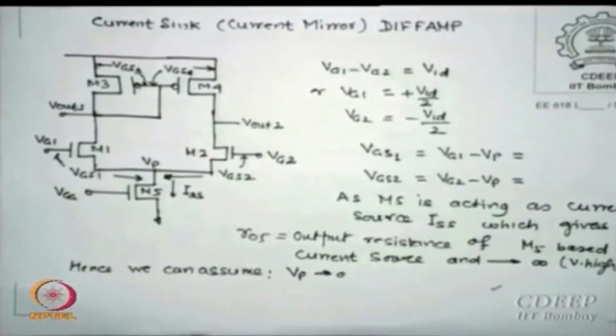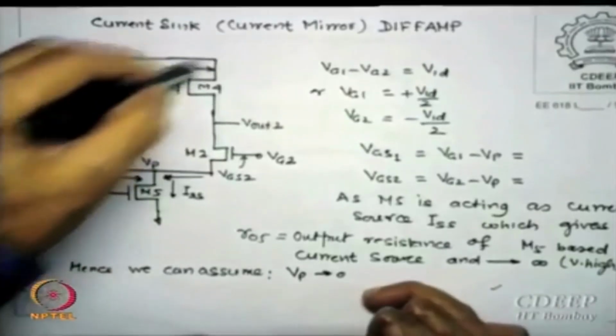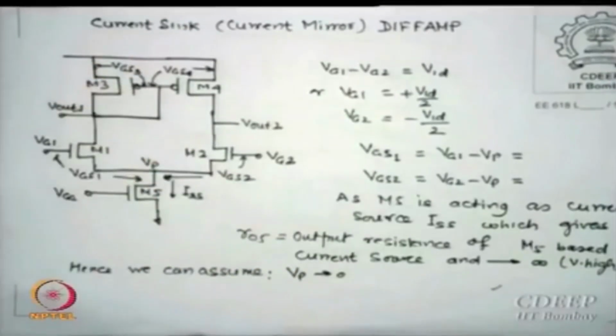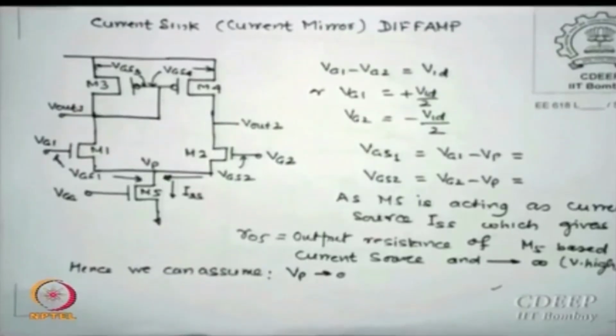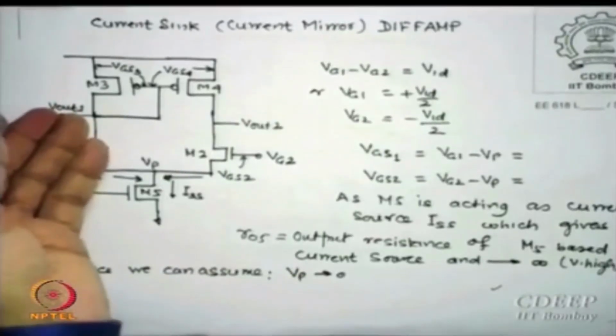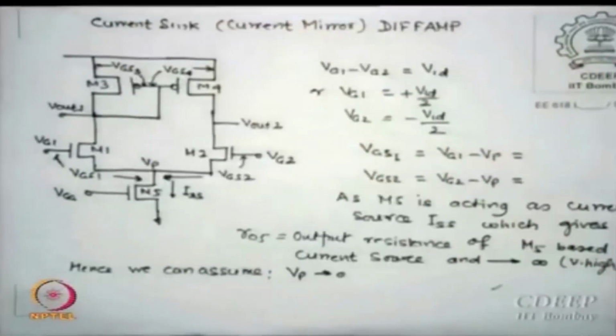Now you can see the output at this second stage, which is the M2 M4 stage. One input is coming from this VID by 2, minus VID by 2, but there is another input coming from here, there is VGS. M4 also has an input, you can see VGS4 which is AC, because the output is connected there and has come back.